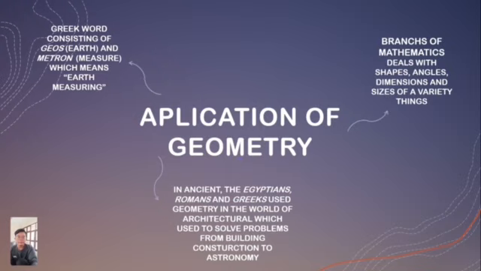Geometry is also a branch of mathematics that deals with shapes, angles, dimensions, and size of a variety of things. In ancient times, the Egyptians, Romans, and Greeks used geometry in architecture to solve problems from building construction to astronomy.